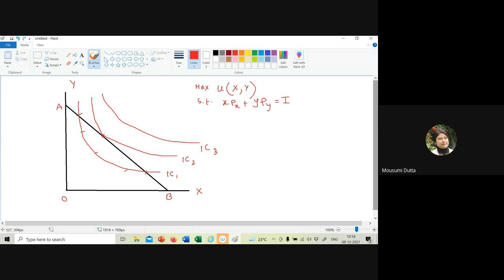We are getting a point of tangency between the indifference curve and the budget line. Now, if we compare all feasible consumption points at this moment, if I consider a point like this inside the budget line, along the indifference curve I can increase my consumption of Y and come here.